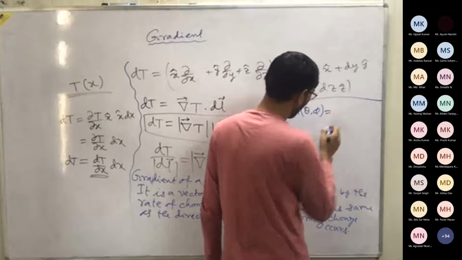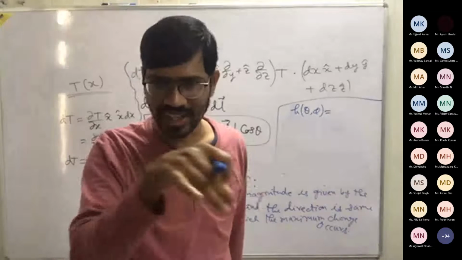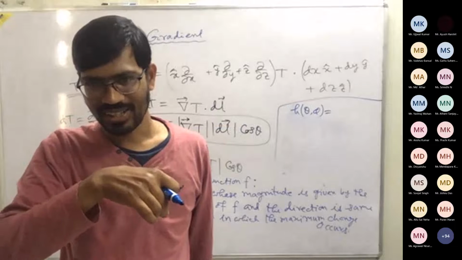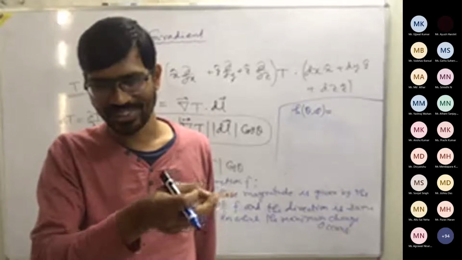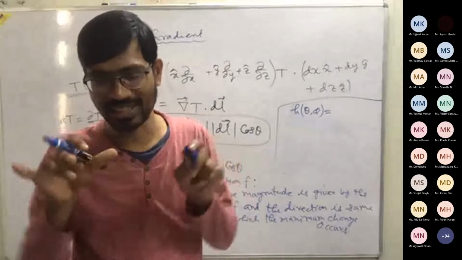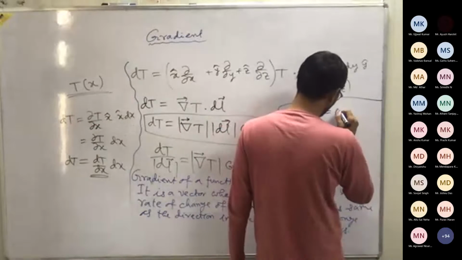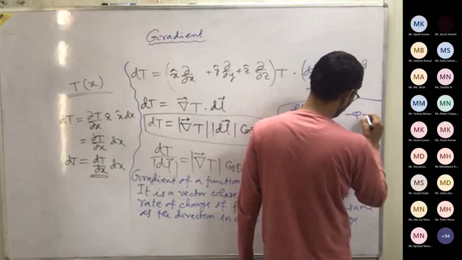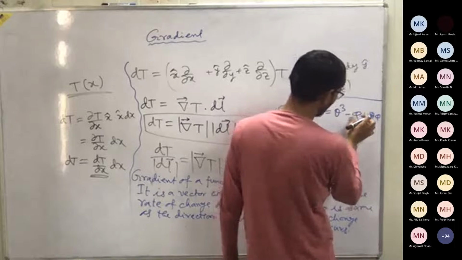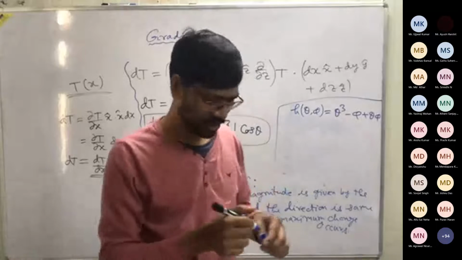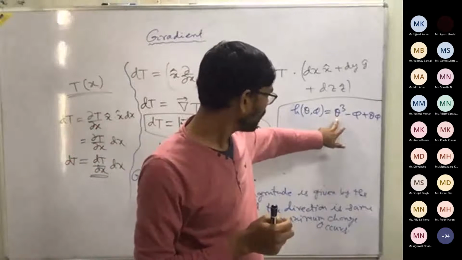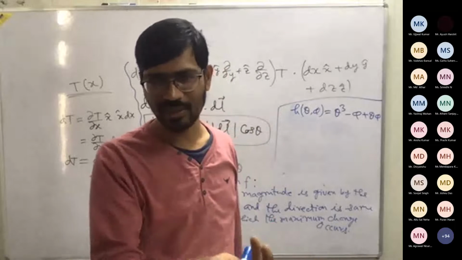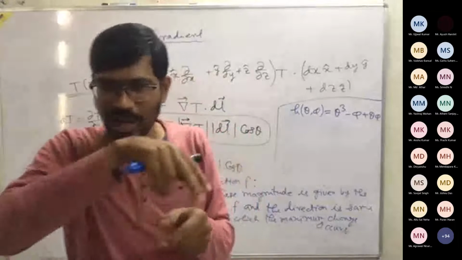At different locations you get different values, and you have fitted those data and got a function, let's say theta cubed minus phi plus theta phi. This is the functional form. If I take theta equal to 25 degrees, phi equal to 0 degrees, you'll get one value; for some other phi you'll get a different one. So at different points, your heights are different.